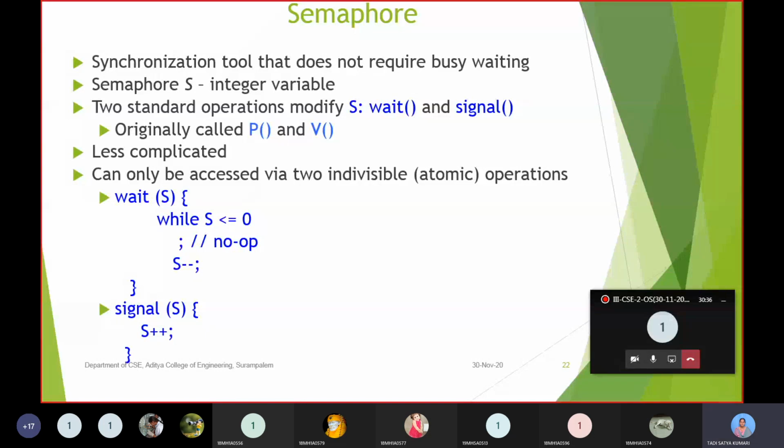Can you see this? Anyone, please respond. What is wait operation and what is signal operation? I have already presented the slide related to wait and signal operation.